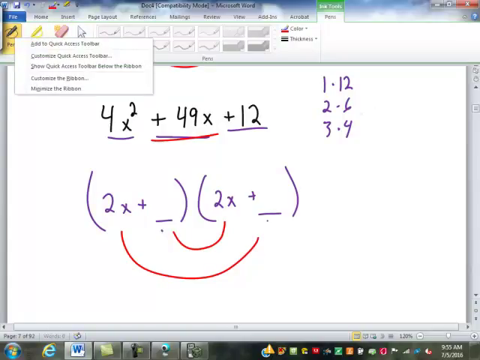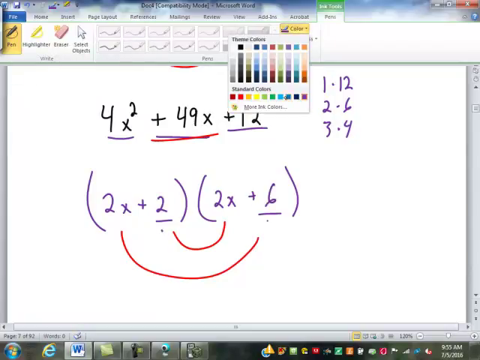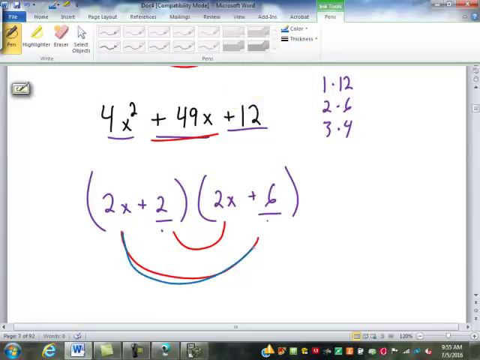So now let's try 2 and 6. So now on the outside, 2x times 6 is 12x. 2 times 2x is 4x. That makes 16x. Is that what we want? No, but it's closer.